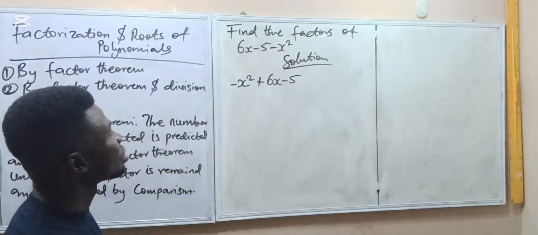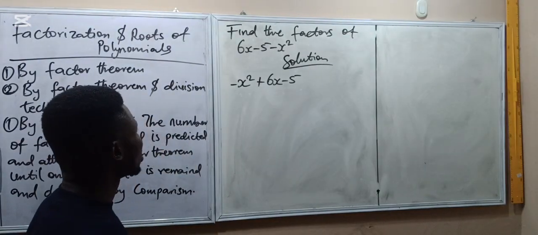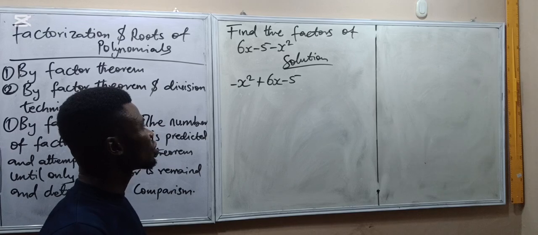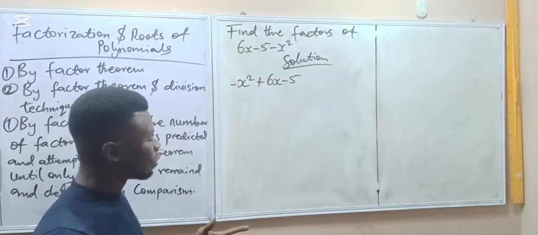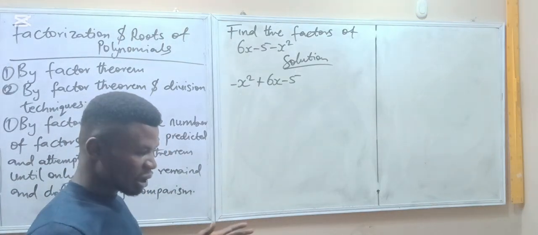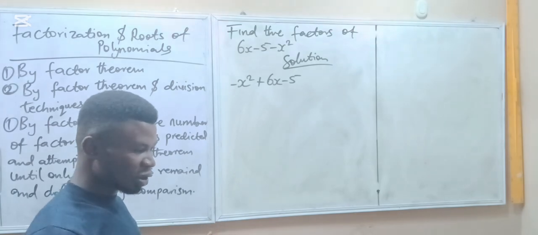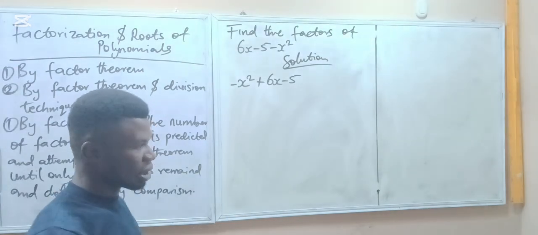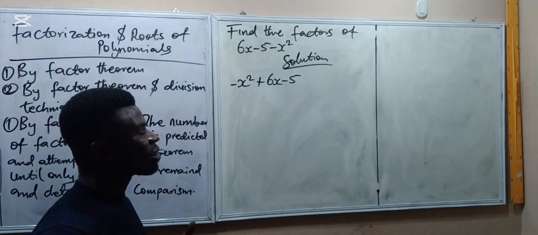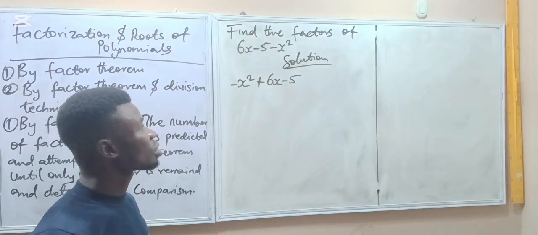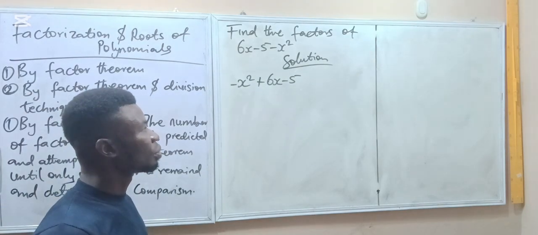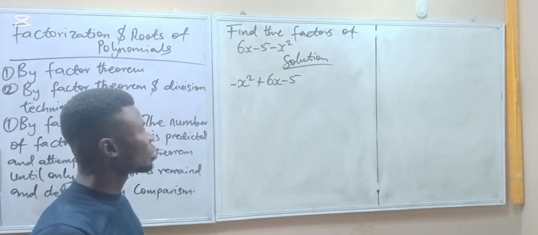Now, this time around, we start to predict numbers. Your prediction will be within the range of minus 3 and 3, that is numbers between minus 3 and 3. Anything outside minus 3, sometimes it works, sometimes it might not work. But you start with a smaller number.